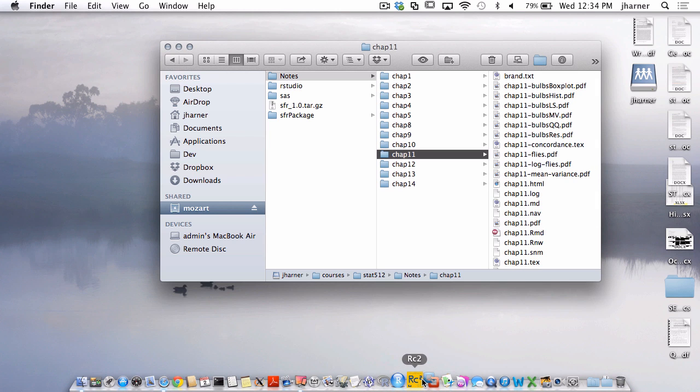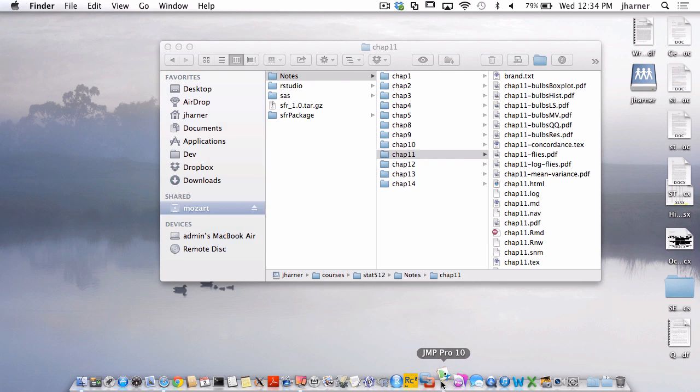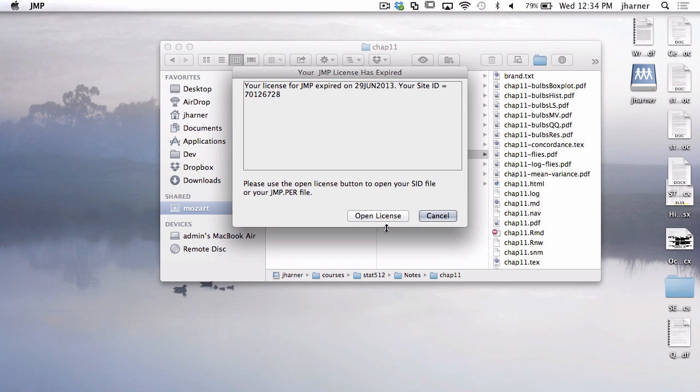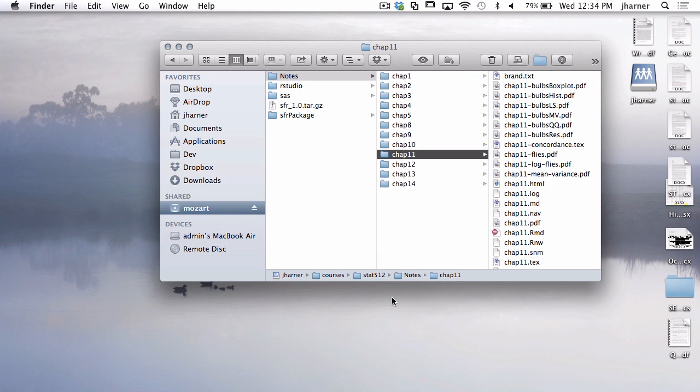I may have expired my JMP license. This is what I hate about commercial software. We actually own it, I just have to upgrade it. So I was going to show you how you might do this in JMP, so I'll have to do that next time. I'll upgrade between now and next time.